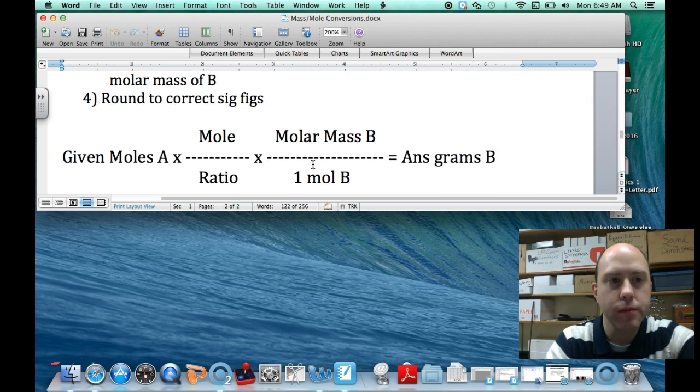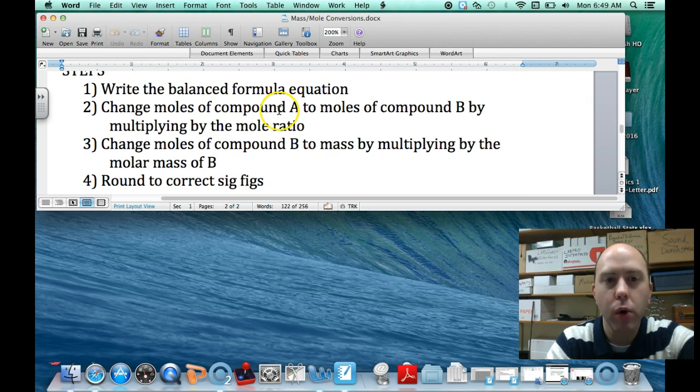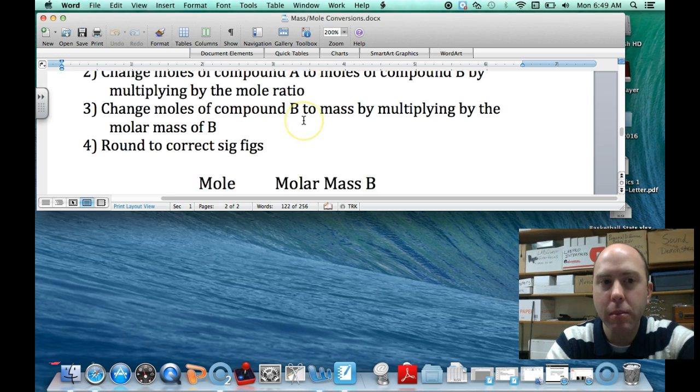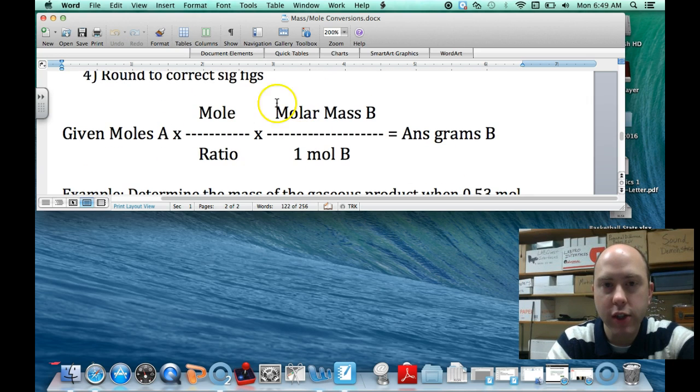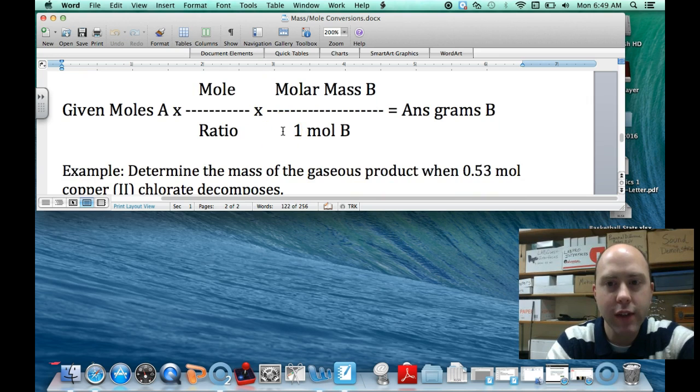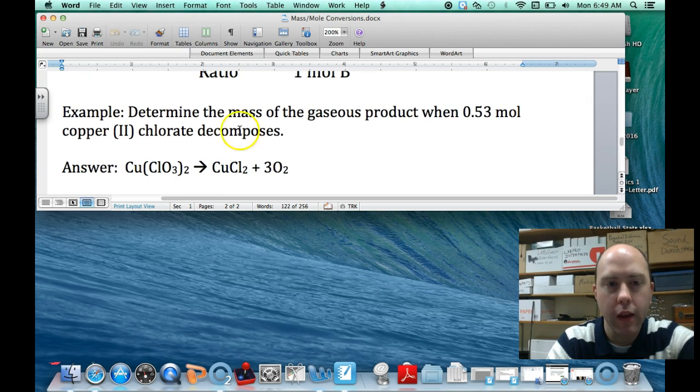Next, step 2. Change moles of compound A to moles B by doing the mole ratio. So I'm just going to follow this equation. I was given 0.53 moles of copper 2 chlorate. Now I'm going to do the mole ratio. Again, I'm trying to find the mass of the gaseous product, so that coefficient goes on top.